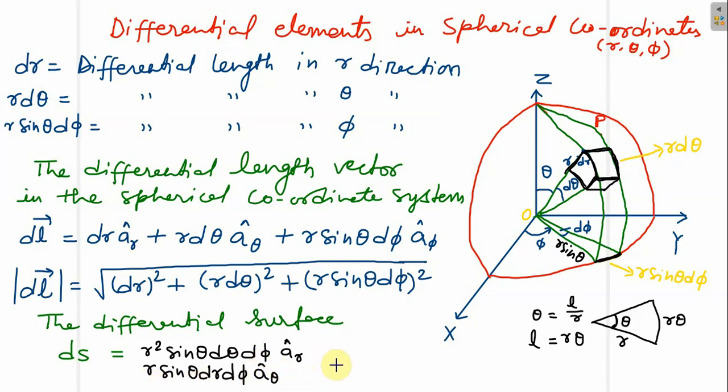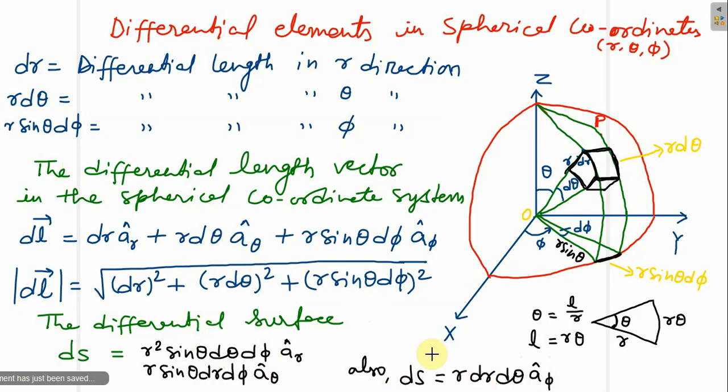Okay, and similarly the third one also, one more, ds will be r dr d theta, in the direction a phi. Okay, so how have I obtained this?